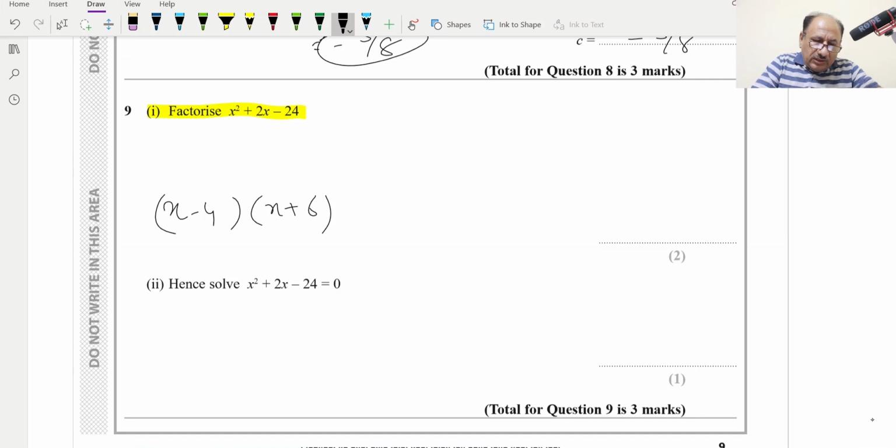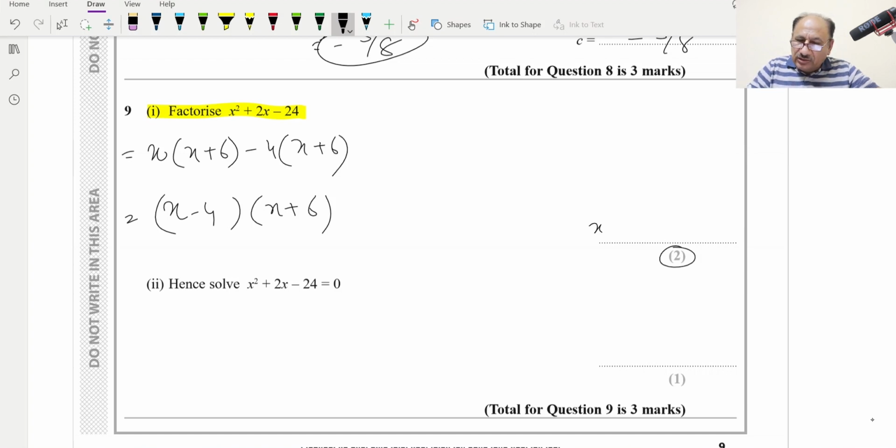Yes, so we can provide the working also, because this is a 2-mark question. So we can write here x into x plus 6 minus 4 into x plus 6 is equal to this one. So x minus 4 and x plus 6, this will be our answer.